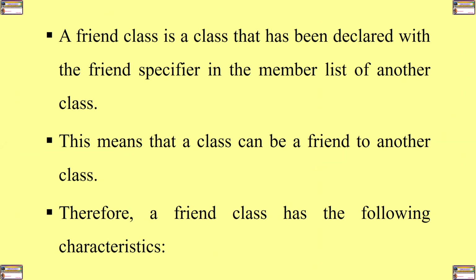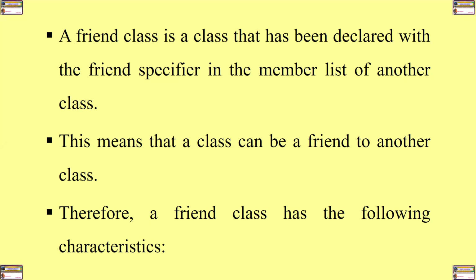And therefore, when you make a class to be a friend of another class, it simply means that this is a different class, but because you want to give it the privileges or the rights to access the private members of the current class, then you make that second class or those other classes to become friends of the current class.